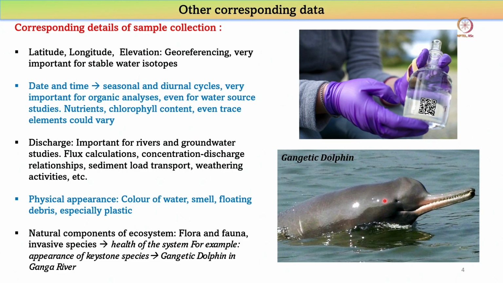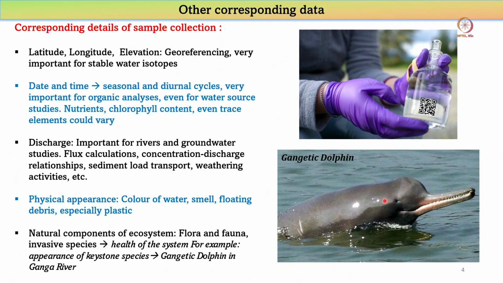Weathering, from the CQ relations you can make guesses about how the weathering activities are happening, whether there are continuous weathering activities, you will see from your base cations and your geogenic metals. Okay, so discharge data is extremely important for understanding different kinds of other interpretations.